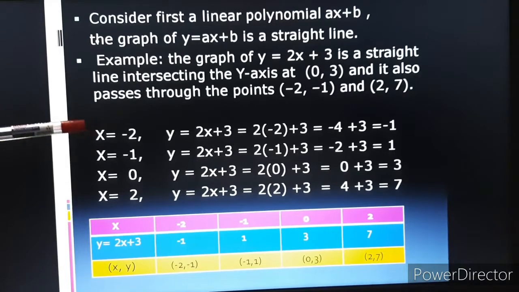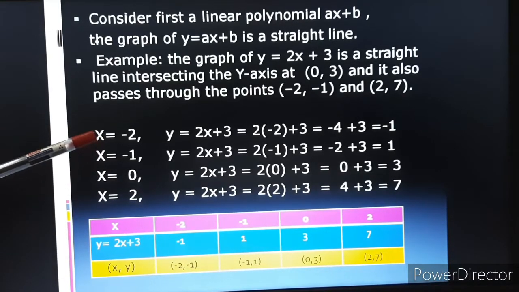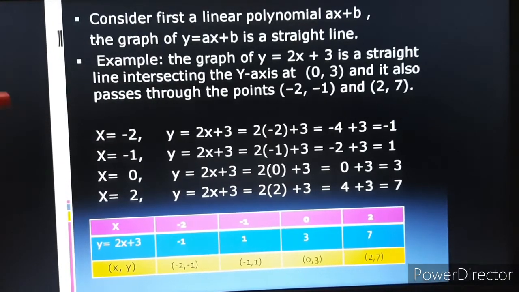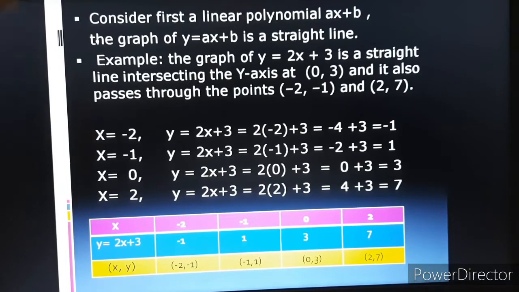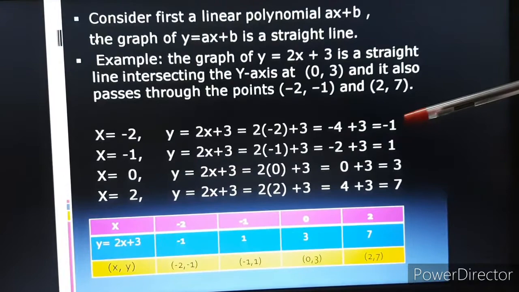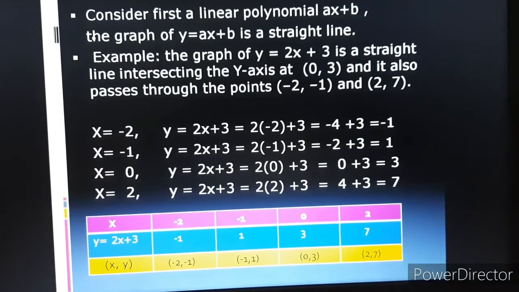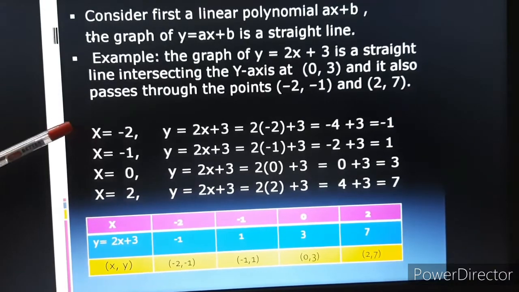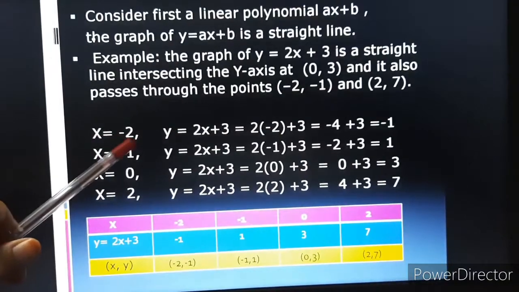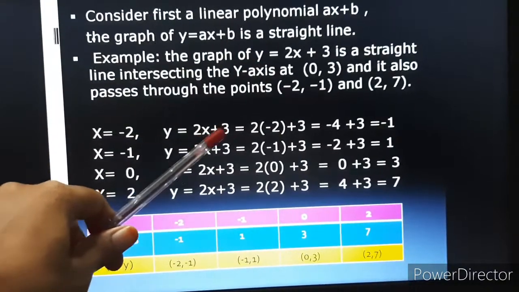Now I will take the x coordinates here. By substituting the x coordinates in the given polynomial, in this straight line, we will get the y coordinates. First, I am going to substitute the x coordinate minus 2 in this equation, y equals 2x plus 3.